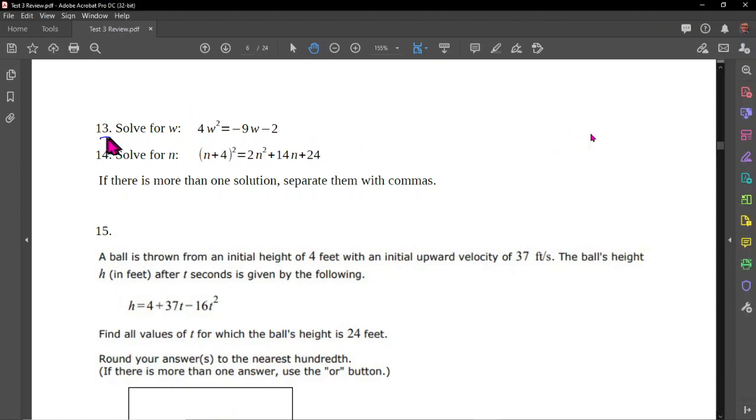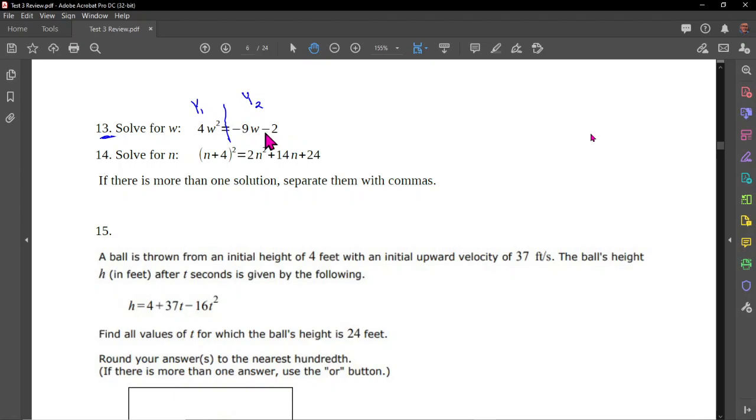So for 13, what we need to do is there's a left side and a right side of the equation, right? The equal sign divides it in half. We're going to graph one side as one equation, so y equals. We'll use y1 because that's what our calculator does. Y1 equals 4x squared, and we're going to graph the second one as y2.